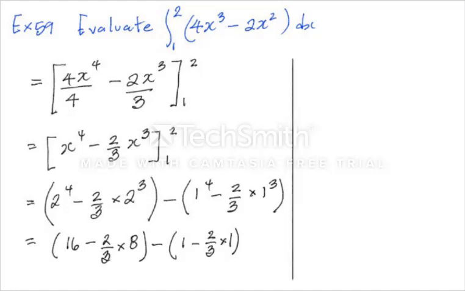All right, on the right hand side, this is equal to 16 minus 16 over 3, minus that, which is 1 minus 2/3.